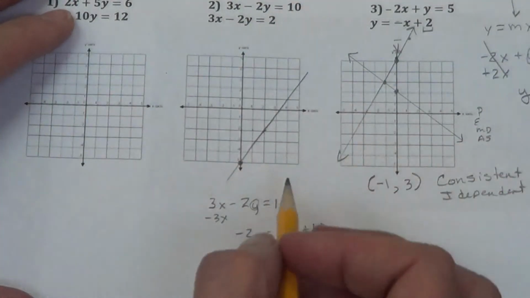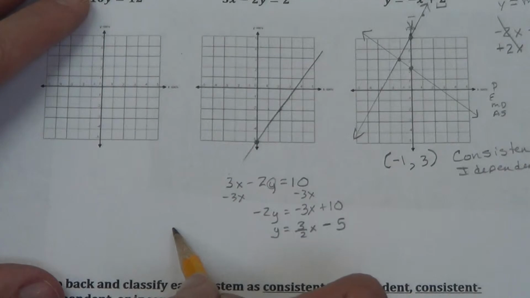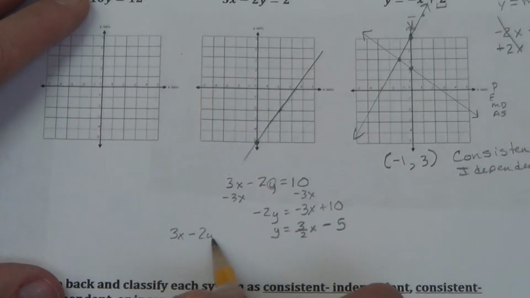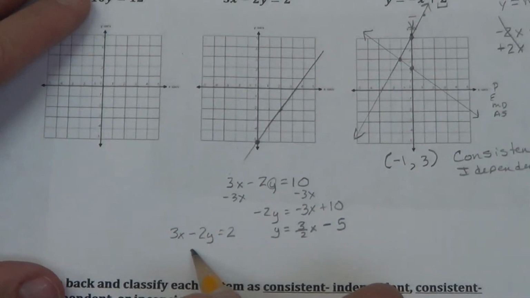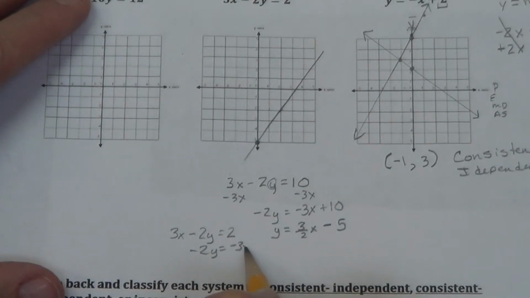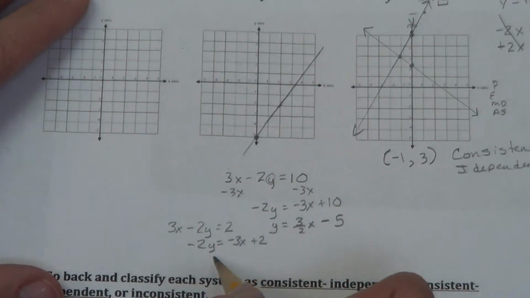And now we solve the other one, which is 3x minus 2y equals 2. We subtract 3x from each side, and we have negative 2y equals negative 3x plus 2. Now we divide each side by negative 2.